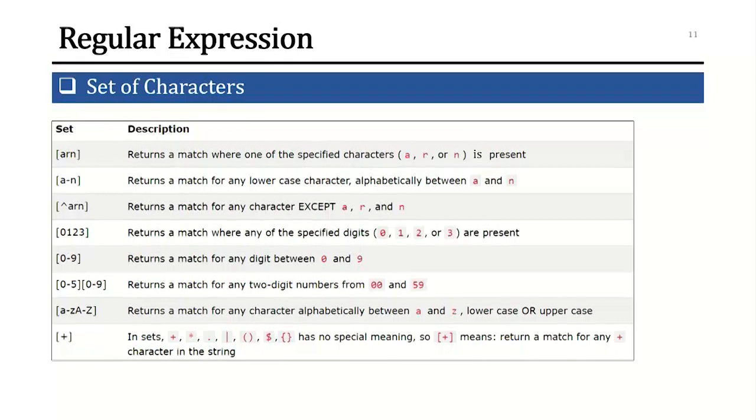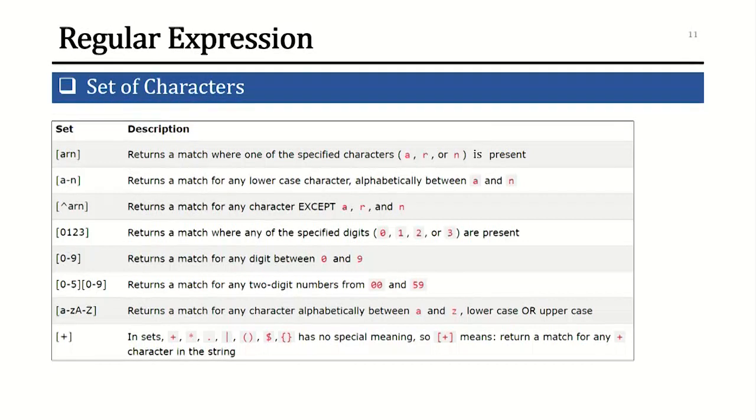And these are some examples that allow you to match some set of characters. We can take a look at the descriptions one by one here. As you can see from the first example here, we have a bracket and we have the rule A or N. So that means it will return a match if one of the specified letters here is present.